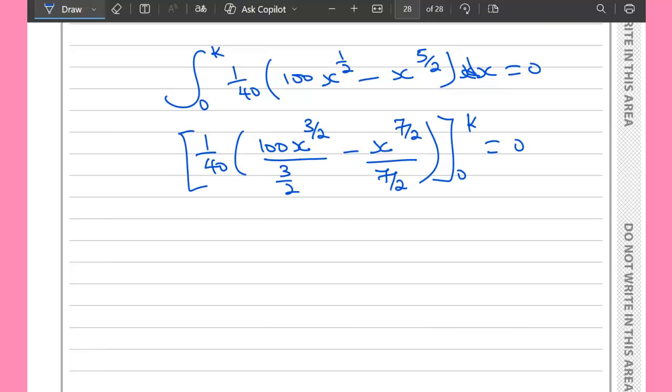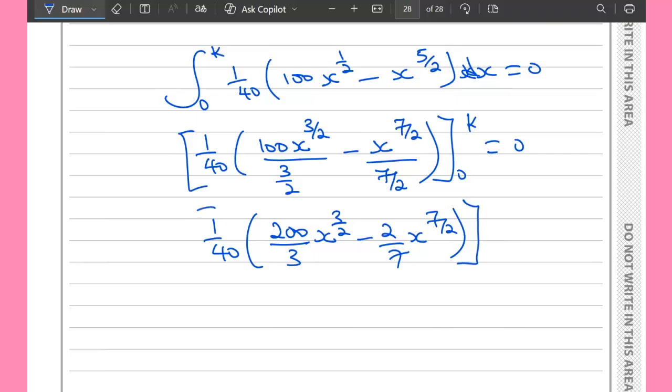So simplifying this further, we'll have 1 over 40 into 100 x power 3 over 2 divided by 3 over 2. This is the same as 200 over 3 x power 3 over 2 minus 2 over 7 x power 7 over 2, and of course this is from 0 to k, and it should be equal to 0.